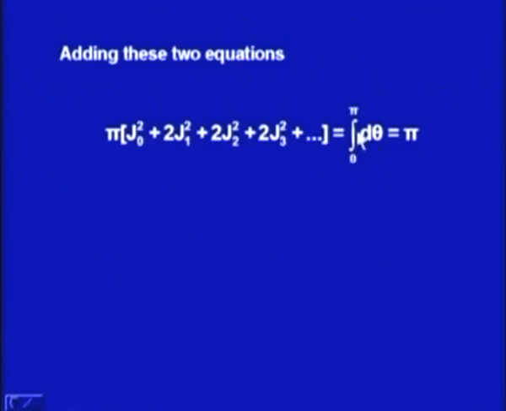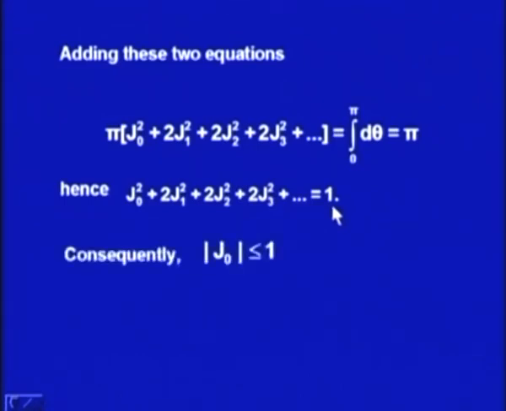So, the right hand side becomes integral 0 to pi d theta, which is equal to pi, and hence J naught square plus 2 J 1 square plus 2 J 2 square plus 2 J 3 square and so on is equal to 1. Now, from here we can easily see that we are adding positive quantities 2 J 1 square, 2 J 2 square, 2 J 3 square to J naught square, and then we get this as equal to 1.